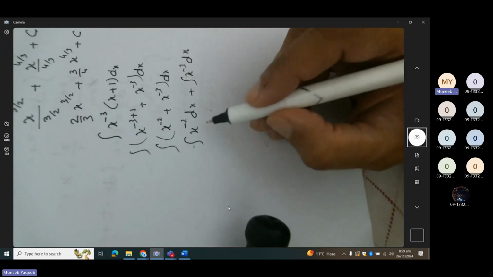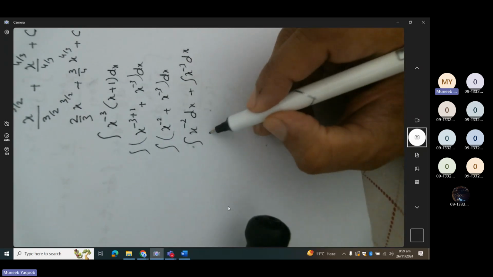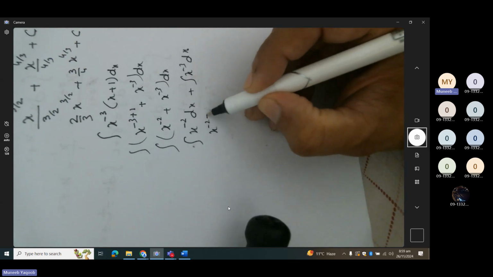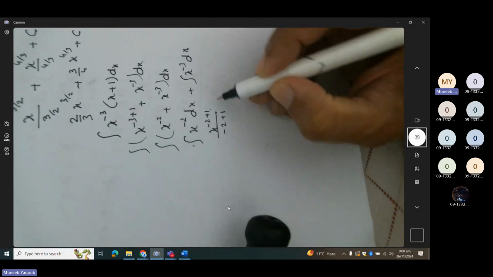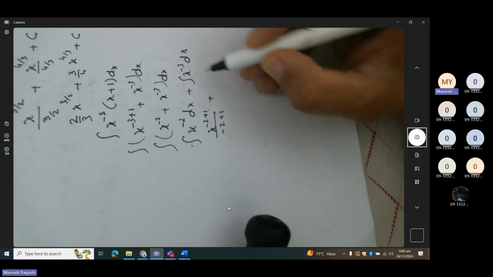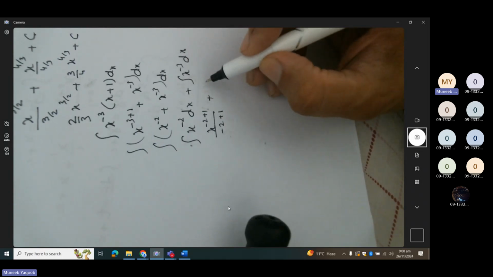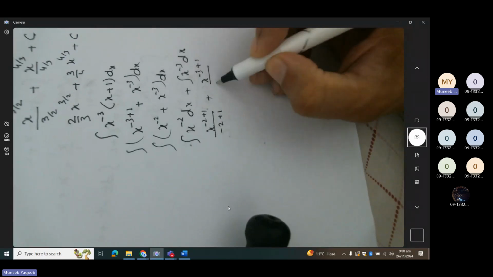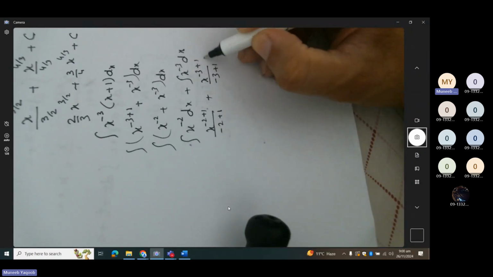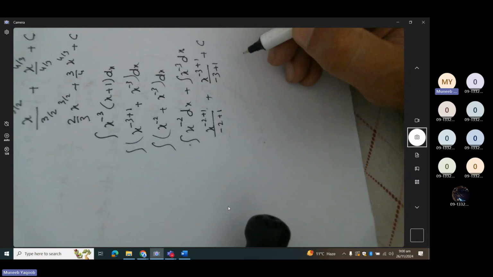The integral of x power minus 2 would be x power minus 2 plus 1 over minus 2 plus 1. Similarly, the integral of x power minus 3 would be x power minus 3 plus 1 over minus 3 plus 1, plus constant of integration.